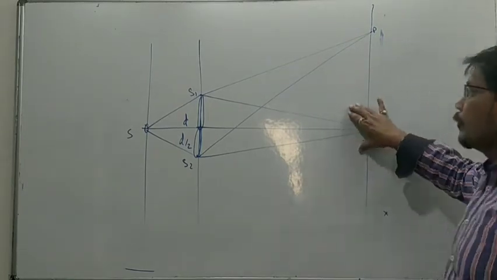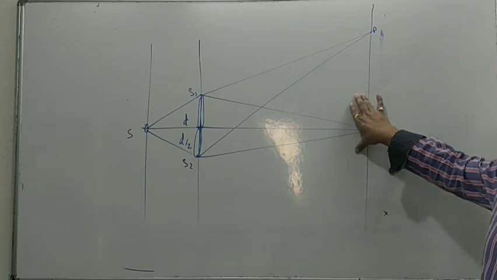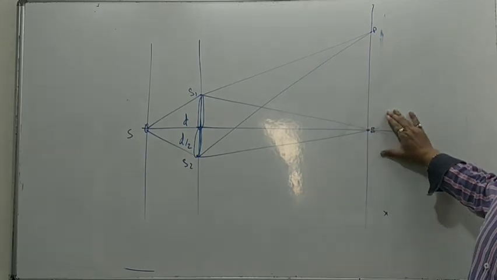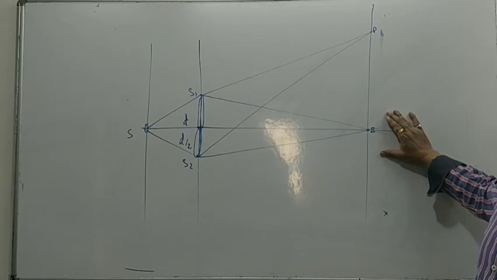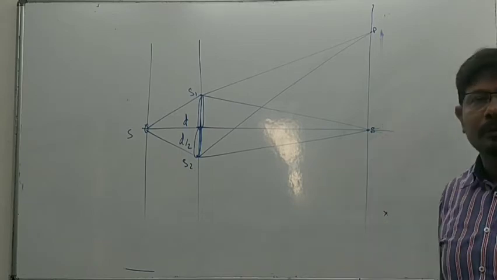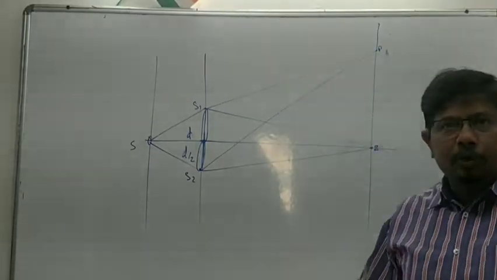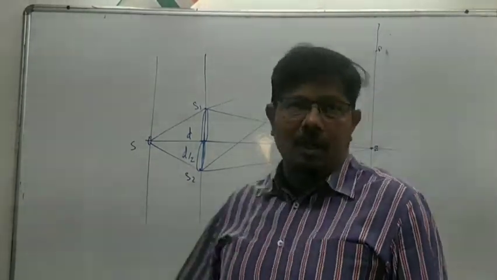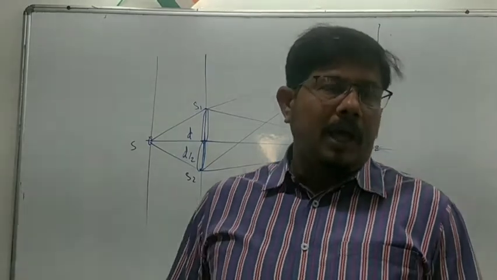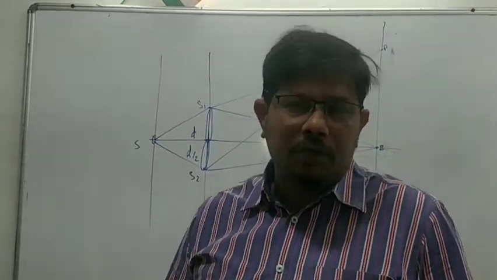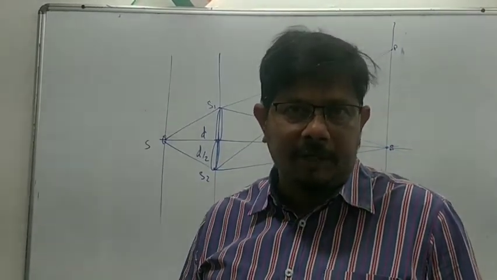Due to 0 path difference, the same phase coincides at this point, and due to same phase coincidence you get a bright fringe. We came to know about Young's double slit experiment, in which he demonstrated the phenomenon of interference of light.